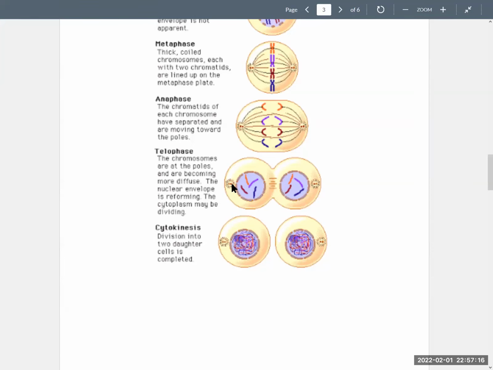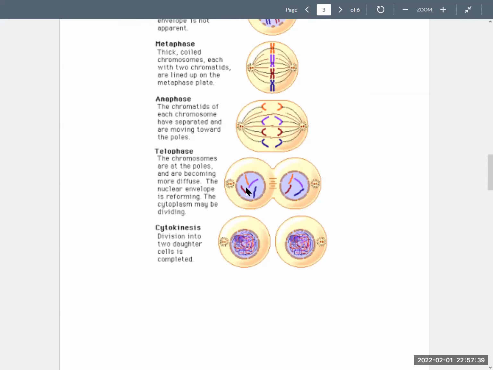You end up with one centriole on each side. You end up with the 46 chromosomes here and the other 46 chromosomes here. There's no crossing over, there's no recombination, there's no genetic instability.